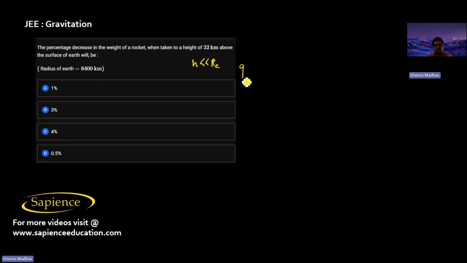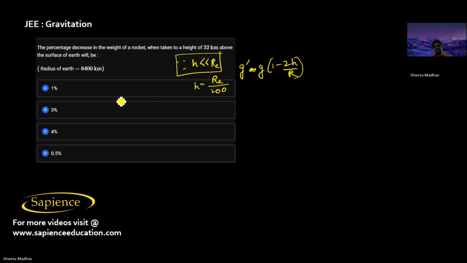So it means the value of g dash at that height is approximately g into 1 minus 2h by r, since here h is much less than r, since h is radius of the Earth by 200. So we can use this formula.